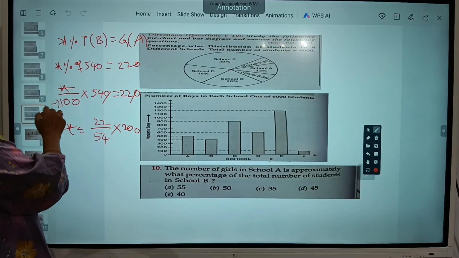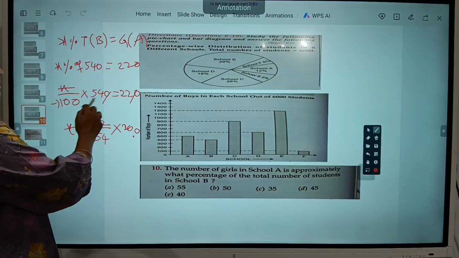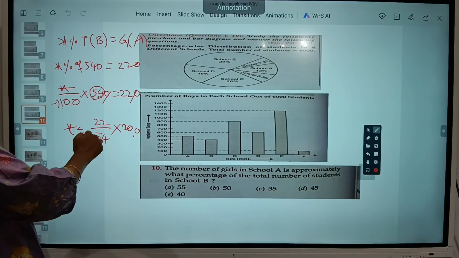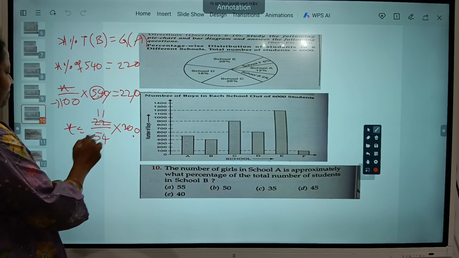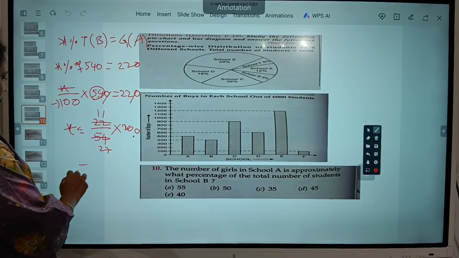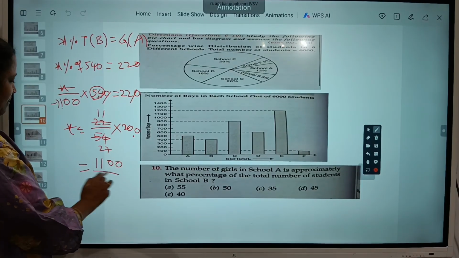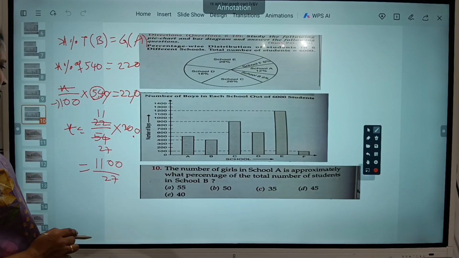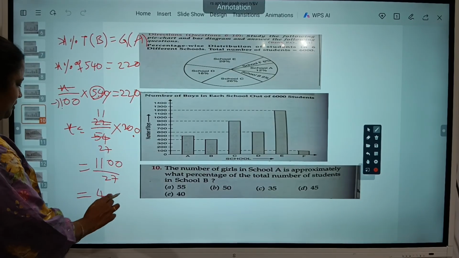LHS side 100 is in division, so RHS side it will go into multiplication. LHS side 54 is in multiplication, so now it will go into division. So it will be 11 by 27. So 1100 by 27. So approximately the answer is 40%.